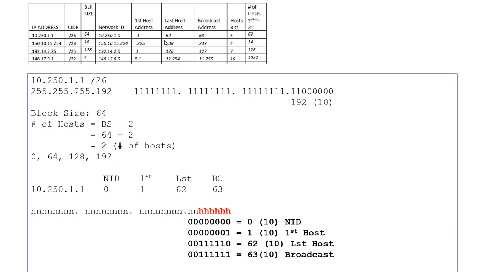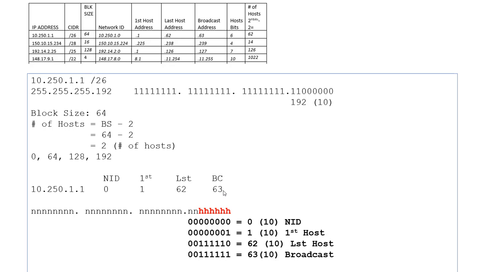So this is how I've gotten these answers here. Our network ID was 10.251.0. Our first host address, 10.251.1. Then our last is 10.251.62, and then 10.251.63 for our broadcast.